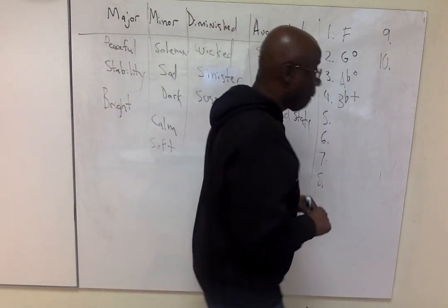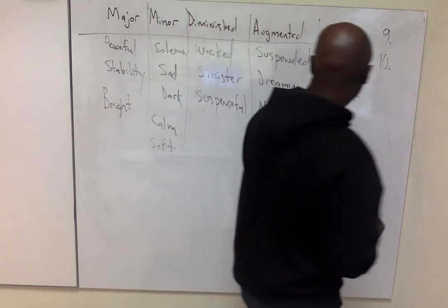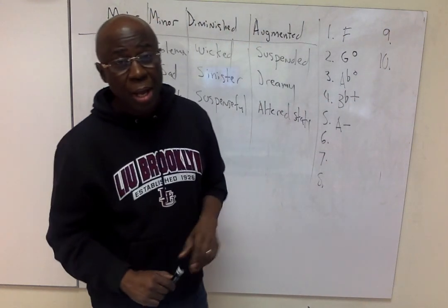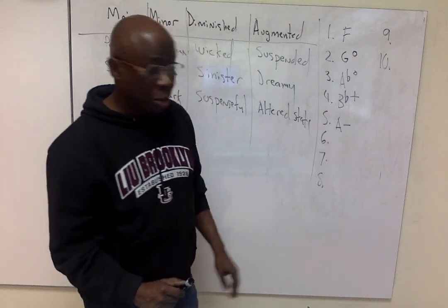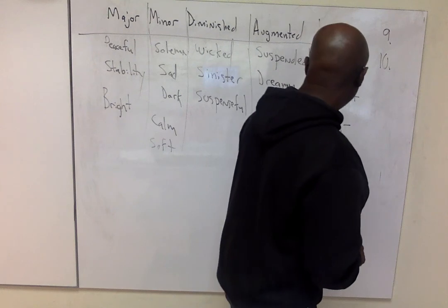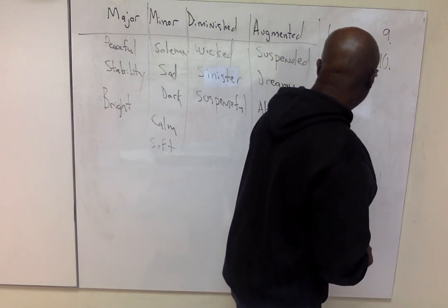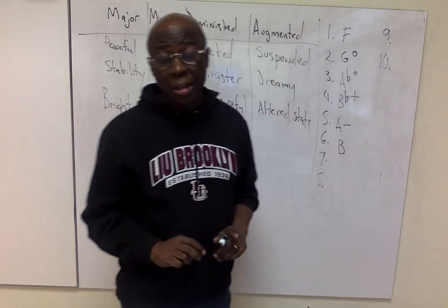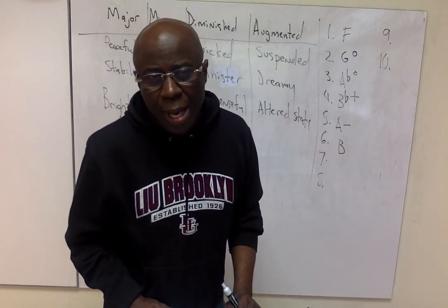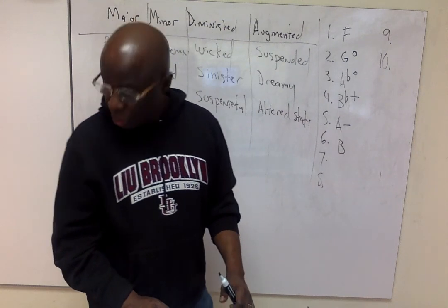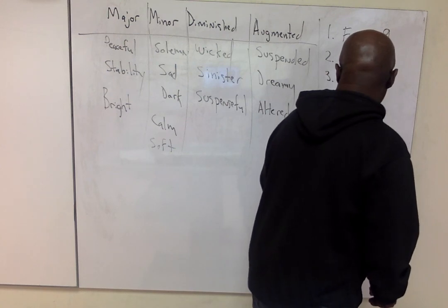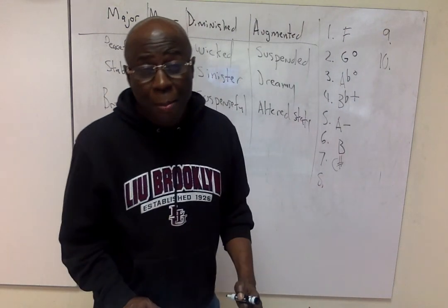Number five, minor, A minor. Remember, the minor has the little slash, or the minus sign. Number six, major, B major. Remember, with the major triad, no symbol whatsoever, only the chord name. Number seven, C sharp major.